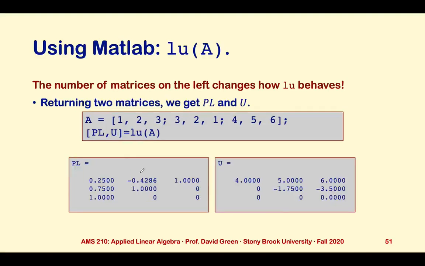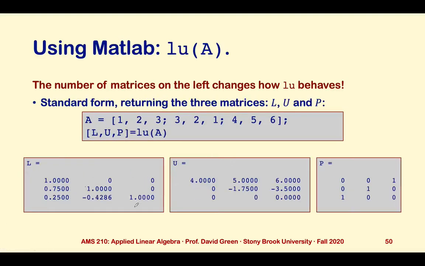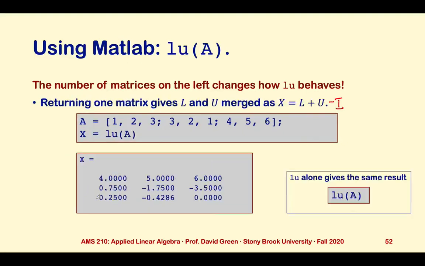So if we think about what our L was here, 1s on the diagonal, 0.75, 0.25, negative 0.4286, what does this matrix have below the diagonal? 0.75, 0.25, negative 0.4286.